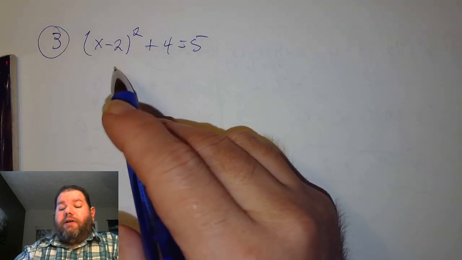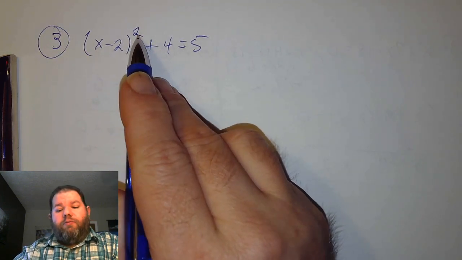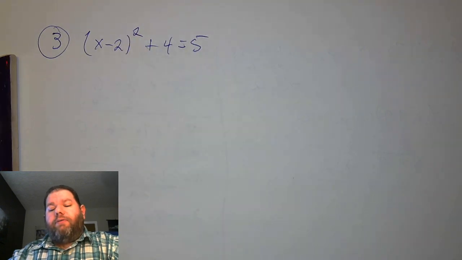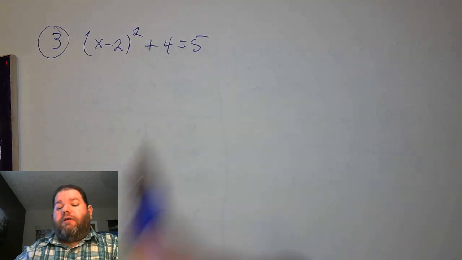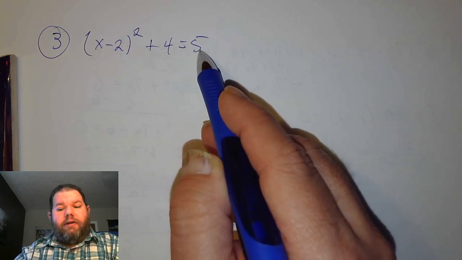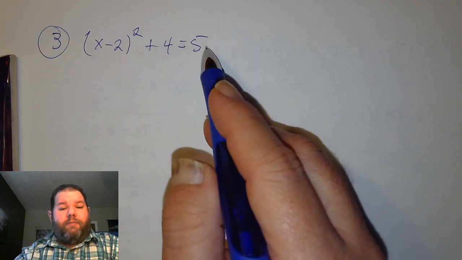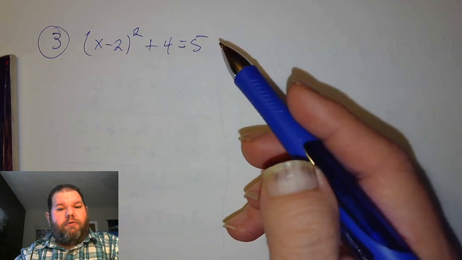Whenever we see a term being squared like this, we really have two options. One option is, well, if we can get these numbers all over to the right-hand side, then with the square on the left-hand side, we can just take the square root of both sides and just use the square root property.